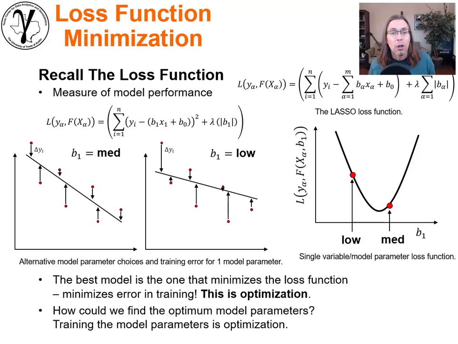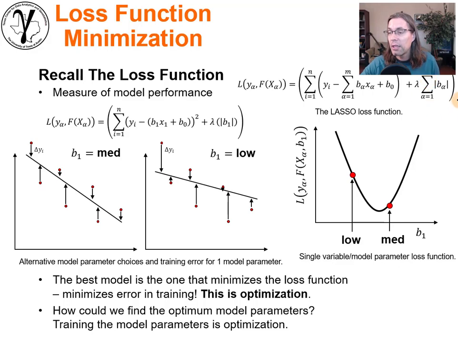Let's talk a little bit about loss functions, just a little bit of a review for you. If we think about the lasso loss function, this is what it looks like right here. This is just the residual sum of squares.